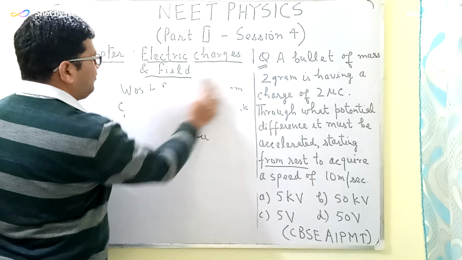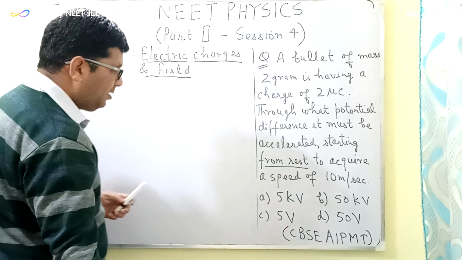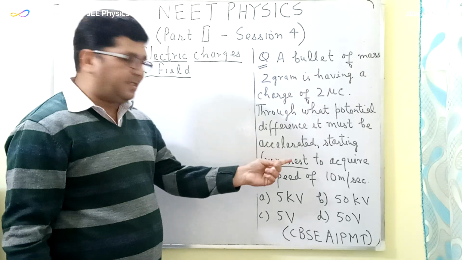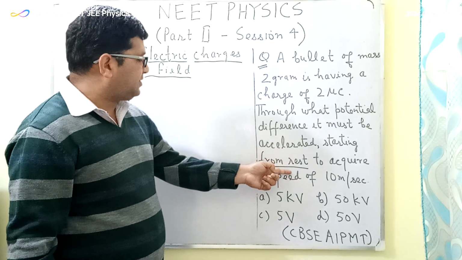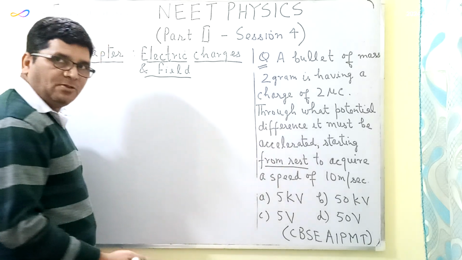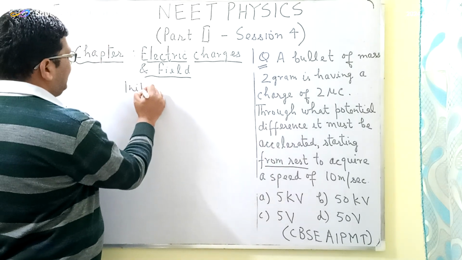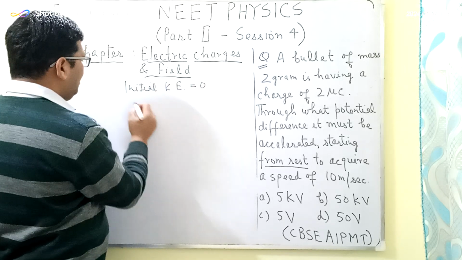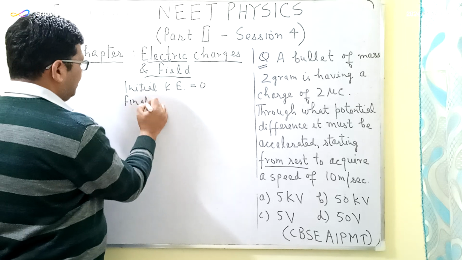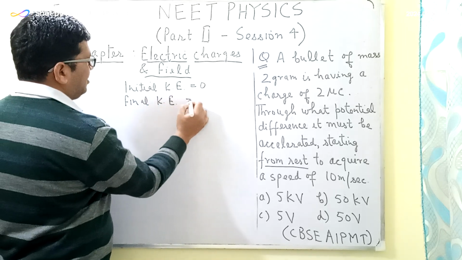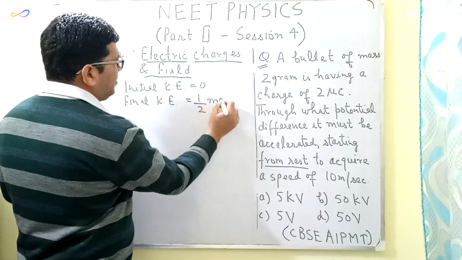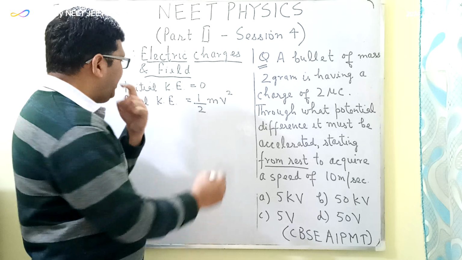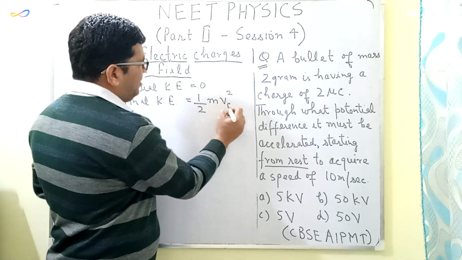So here, first of all we have to find the change in the kinetic energy. Since this bullet is starting from rest, the initial kinetic energy of this bullet will be equal to 0, and the final kinetic energy will be equal to half m v squared, where m is the mass of this bullet and v is the final velocity of this bullet.